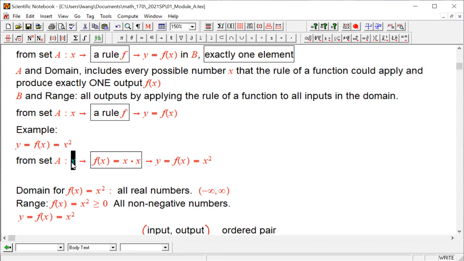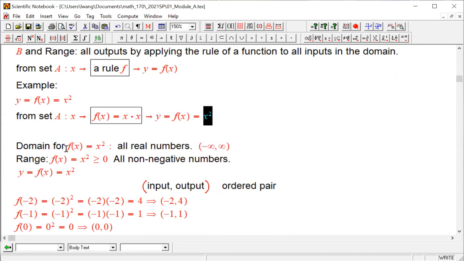So the input times itself produces the output. Okay, so that's the meaning of the notation. In most situations, we can use y or we can use f of x. The difference between these two notations, and which one might be preferred, is that f of x indicates both the input and output in one notation, and y is just spelling out the rule and the output.